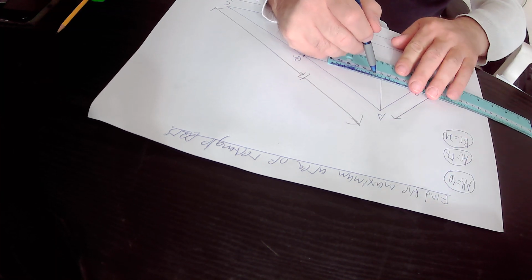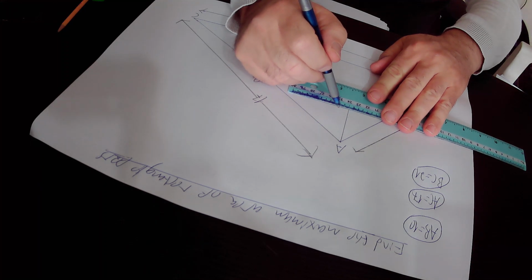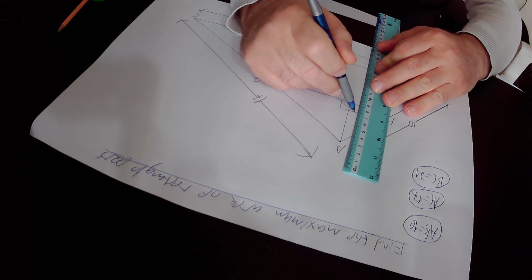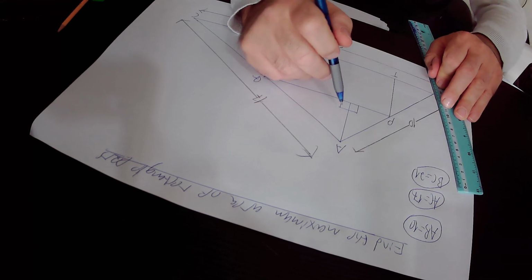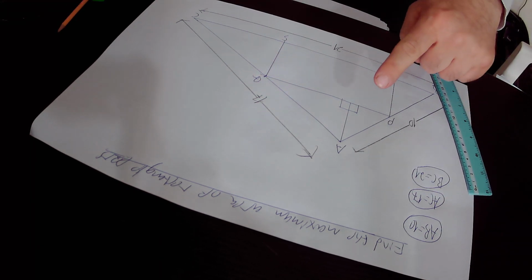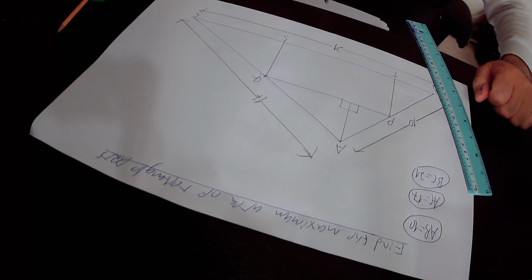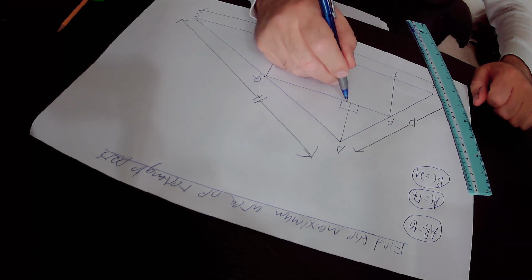So actually this angle equals 90 degrees, and this angle also equals 90 degrees according to our construction. We define the touching point of the perpendicular from point A and side PQ. This point is point M.